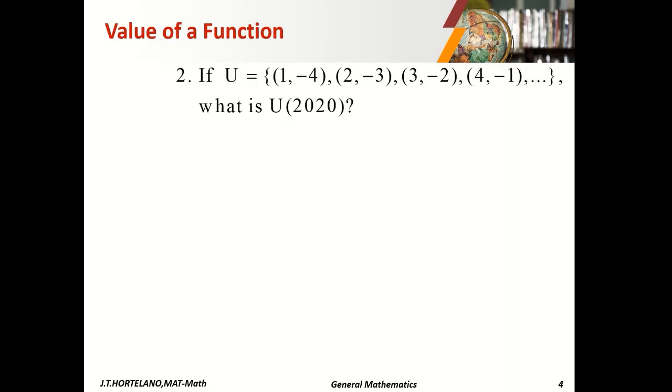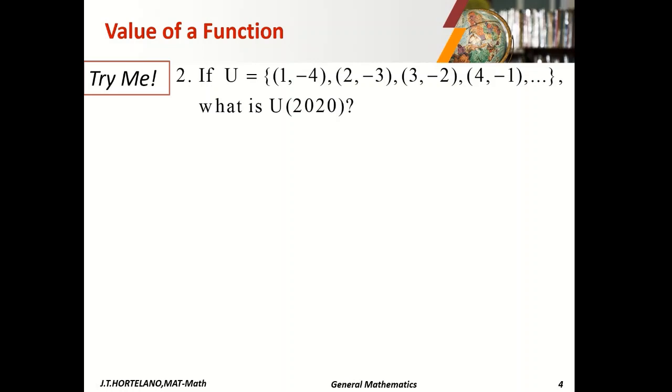Next, for number 2, if u is equal to 1, negative 4, 2, negative 3, 3, negative 2, 4, negative 1, and so on and so forth, then evaluate u of 2020. So, how do you solve this kind of problem?